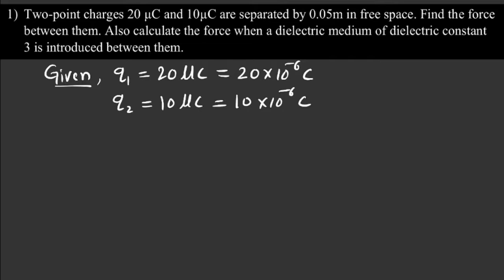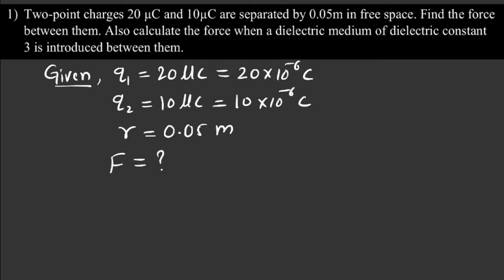Also given, the distance between the two charges is 0.05 meter, and let us call it R. It is already in the SI system, so no need to convert. Now what do we need to find? We need to find the force between these two charges when they are present in free space.